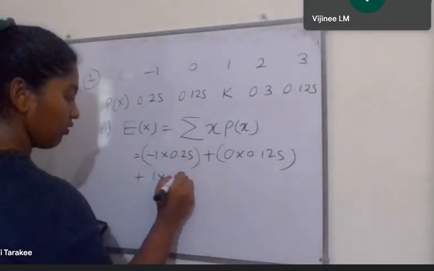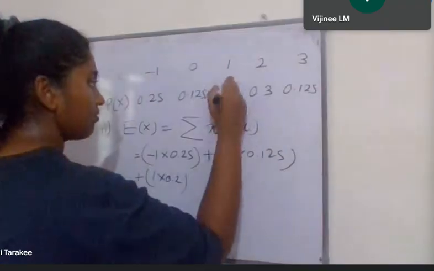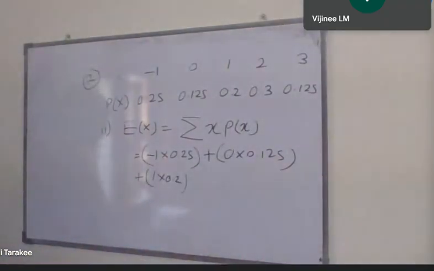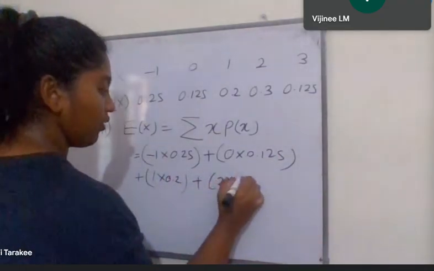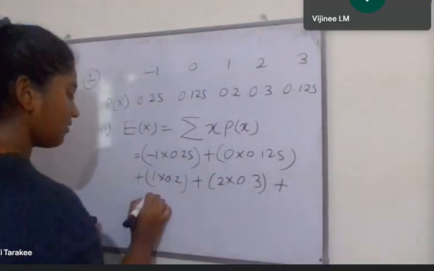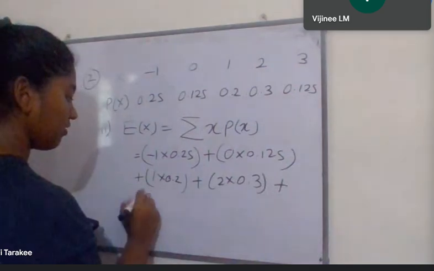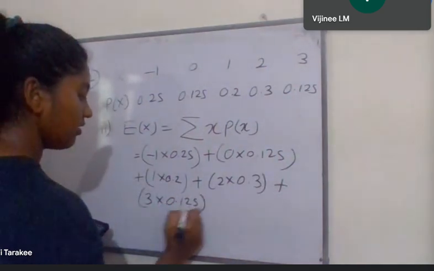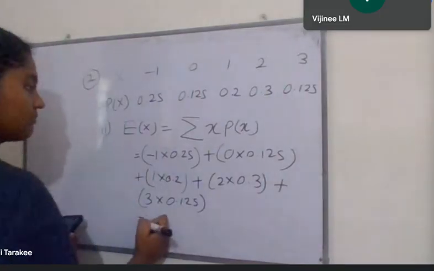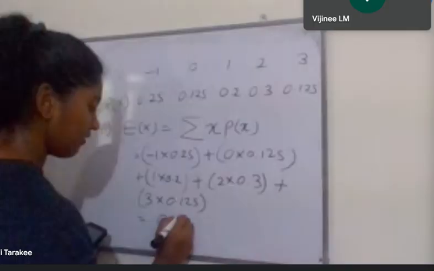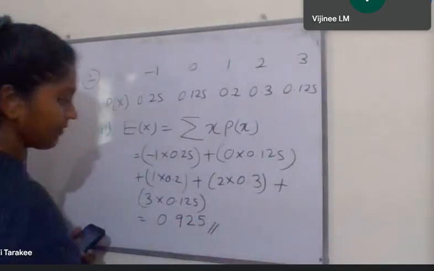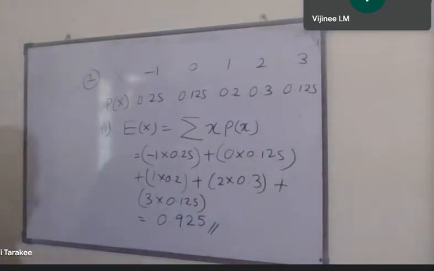So 1 into 0.2, I'll write here as 0.2. Plus 2 into 0.3 plus 3 into 0.125. So once you simplify these, you get the answer 0.925. You can use the calculator also, just simplify these.